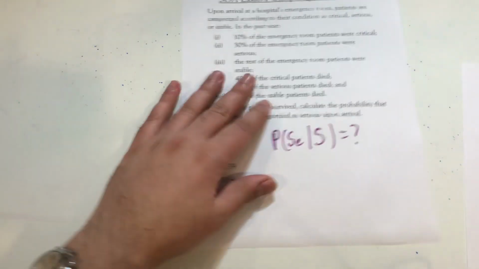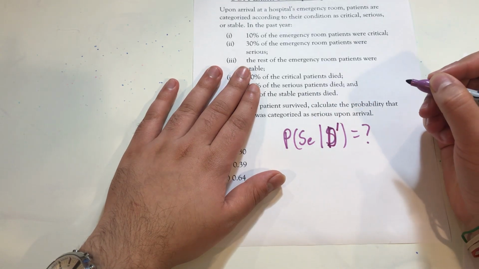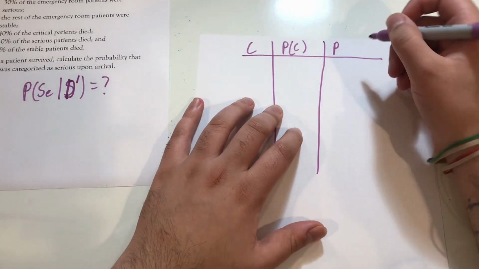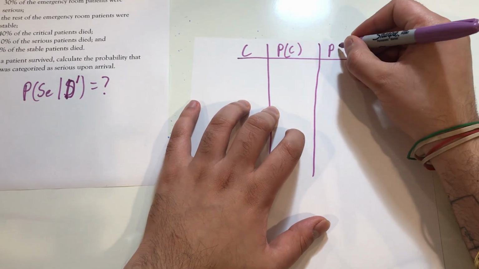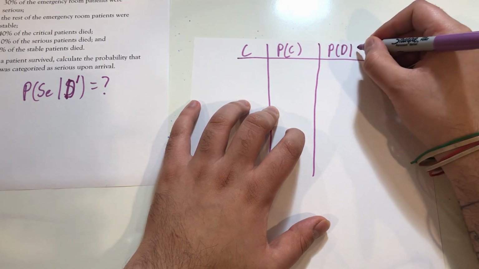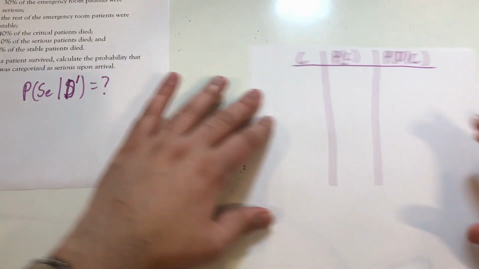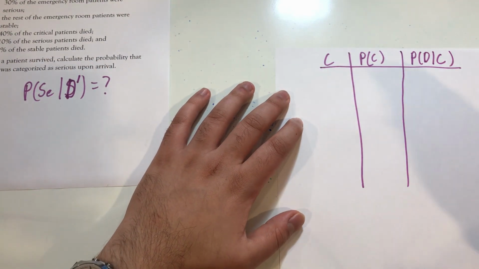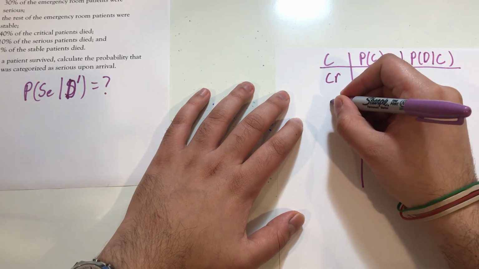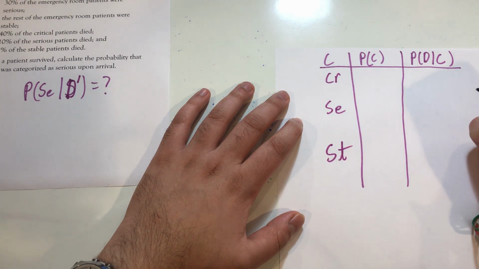So I'm going to actually change this to the probability of being serious given that they did not die, rather than given that they survived, just for continuity. So the probability that a patient died given that they were in a specific condition of the three potential conditions. So the conditions are obviously your critical, your serious, and your stable.